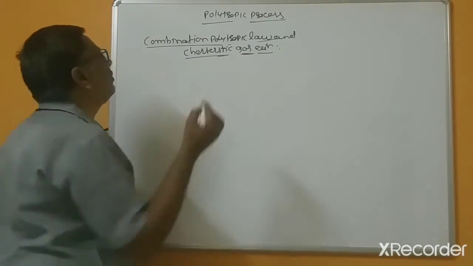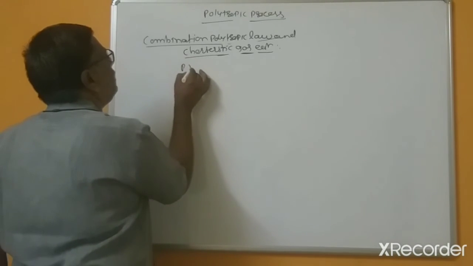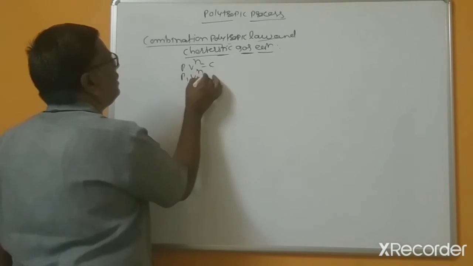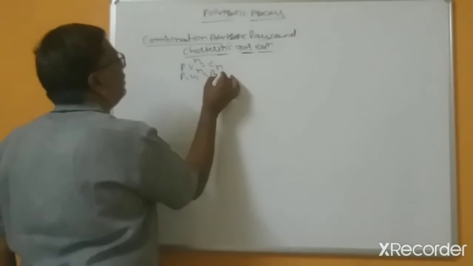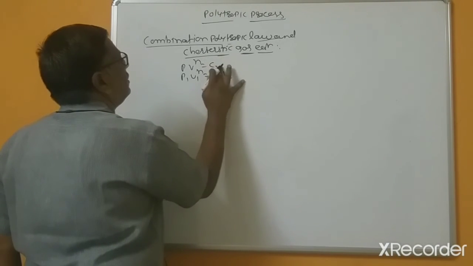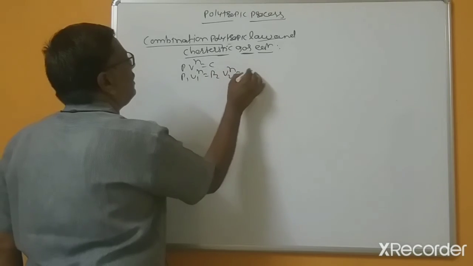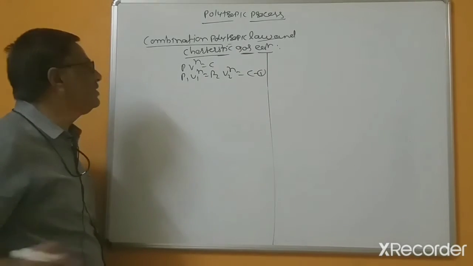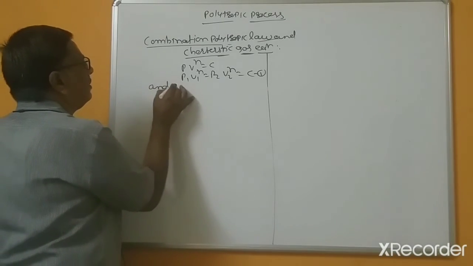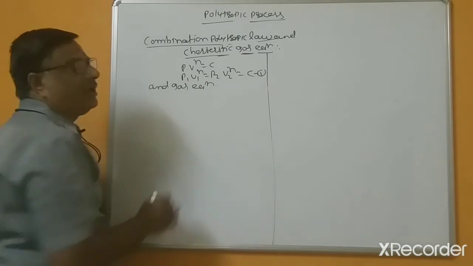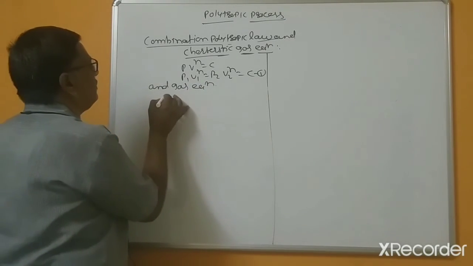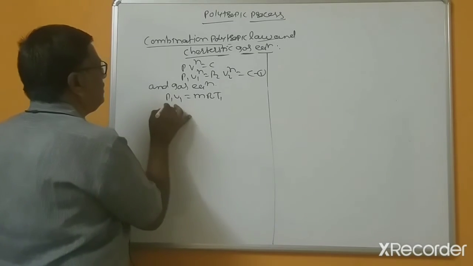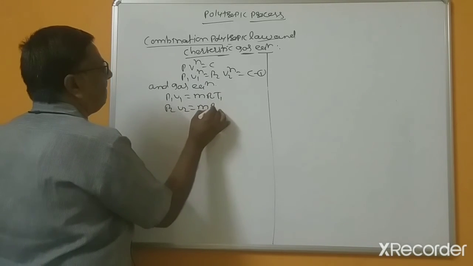So as you know, according to the polytropic law, PV raised to n equal to C. Same equation we can write, this is P1 V1 raised to n equal to P2 V2 raised to n equal to constant. Suppose this equation is the first equation, and characteristic gas equations, P1 V1 equal to m R T1, and this is P2 V2 equal to m R T2.